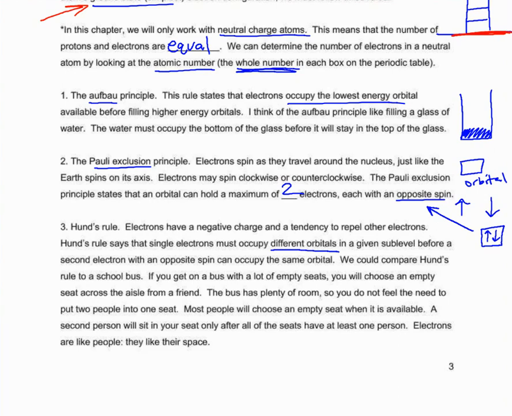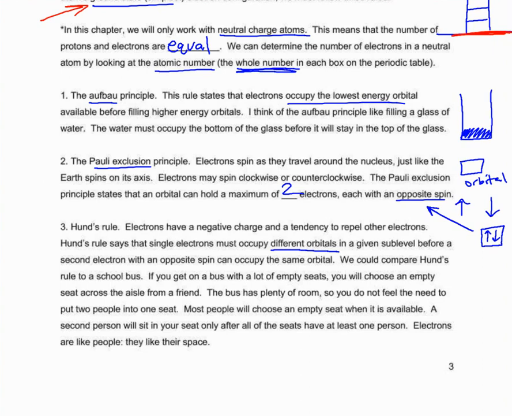When I think of Hund's rule, I really think of a school bus. So if you get on the bus, let's say you're one of the first people on for your route, there's going to be a lot of empty seats. And you're going to choose an empty seat, maybe across the aisle from a friend. The bus has a lot of room, so you and your friend are not going to get into the same seat this early. Most people are going to choose an empty seat when it's available.